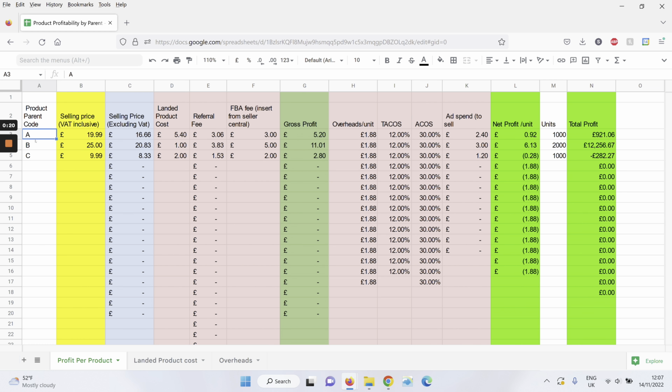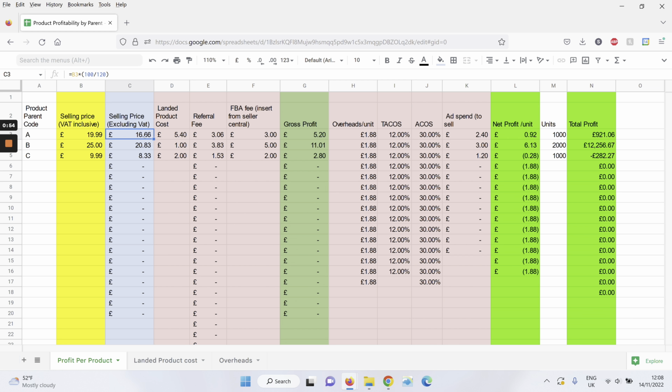So you'll see that we have a selling price and then selling price excluding VAT too, because if you're VAT registered and this is the price you're selling at, you are not actually going to be receiving that. When you calculate your profit, you should do it after taking away the VAT. The difference is not your money, that's going straight to the government.